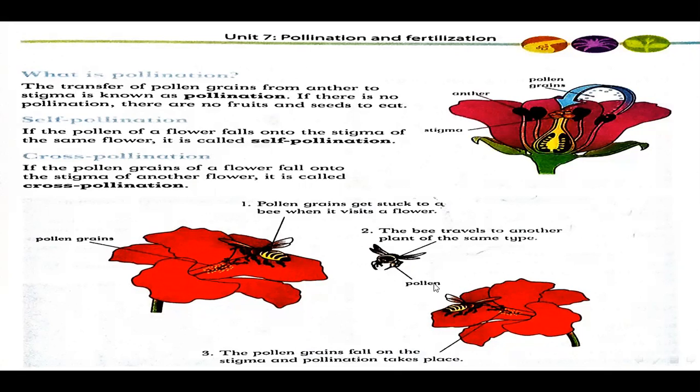After the bee travels to another plant of the same type, the pollen grains fall onto the stigma and pollination takes place.